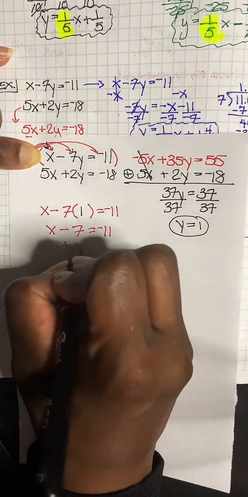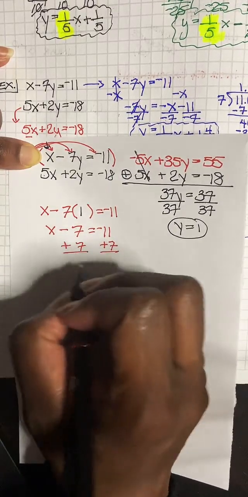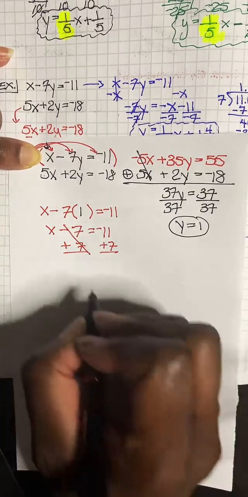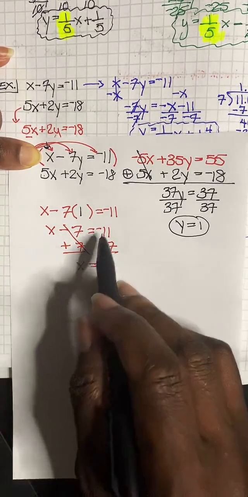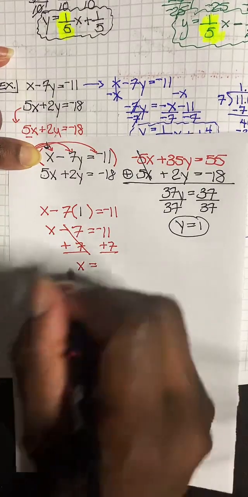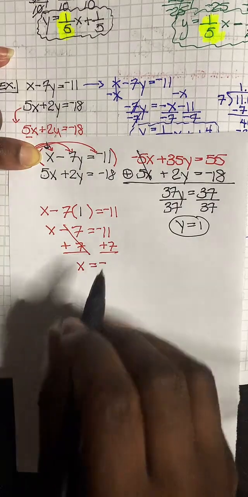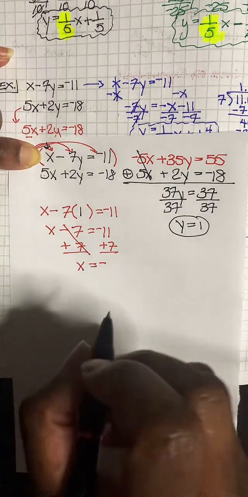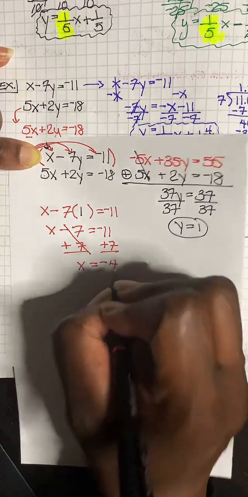We're going to add 7 on both sides. They cancel. They give me x is equal to negative 11 plus 7. So if you owe somebody $11, you paid them $7, that means you owe them what, $4?